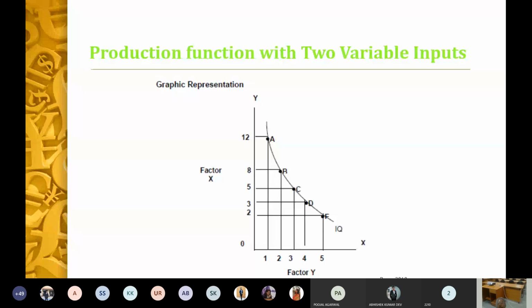So if this is 100, another one could be 200, 300, 400. None of them will touch each other. They will never intersect, they will never cross each other, but they need not be parallel.